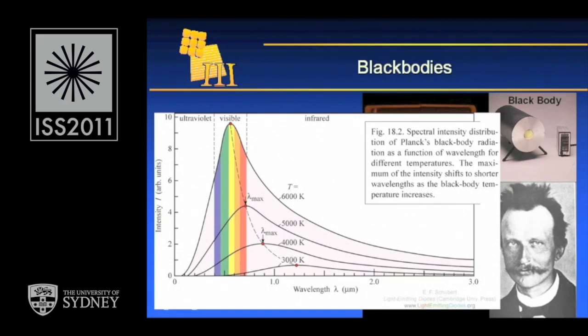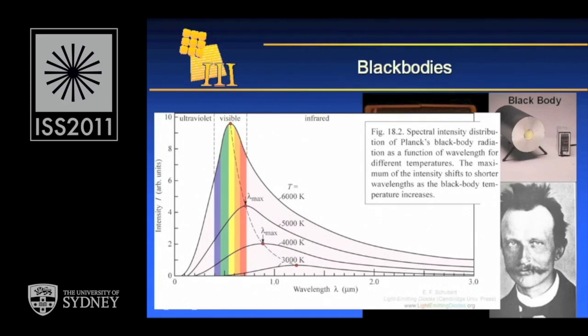And this was the type of thing that was measured: the intensity versus the wavelength of light. You get a peak in the intensity at a wavelength that depends upon the temperature of the body. And so this of course explains why the colour changes as you get hotter. You're moving the peak intensity further and further across the range of colours, eventually getting them all combined, around 6,000 Kelvin.